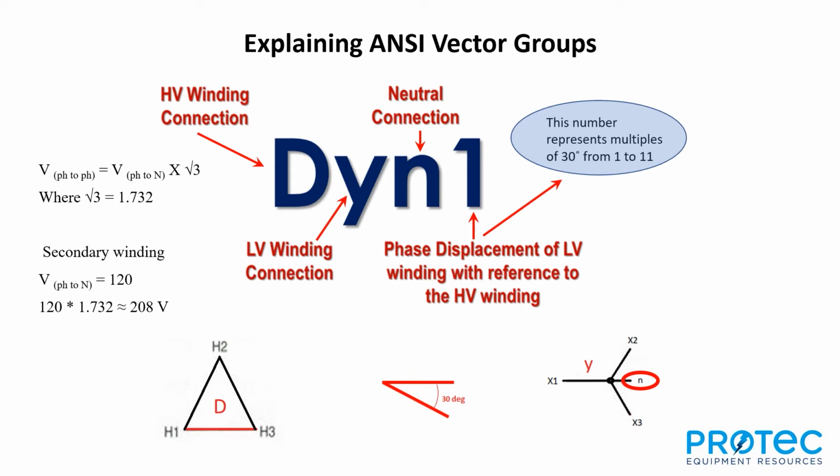But if we actually apply that, we had a line to neutral voltage of 120 volts, didn't we? So we could have calculated that 120 volts times the square root of 3, or 1.732, is approximately equal to 208 volts.